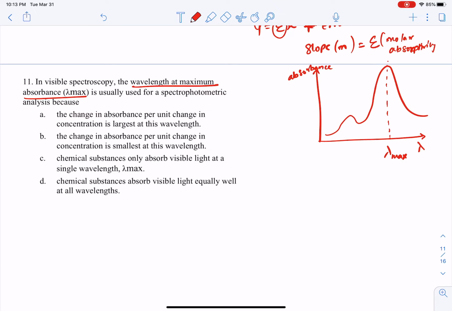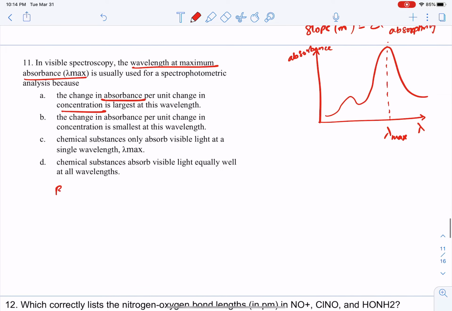Let's read the options. The first option says the change in absorbance per unit change in concentration is largest at this wavelength. So it's trying to relate absorbance to concentration. Which formula relates absorbance and concentration? It's the Beer-Lambert law.